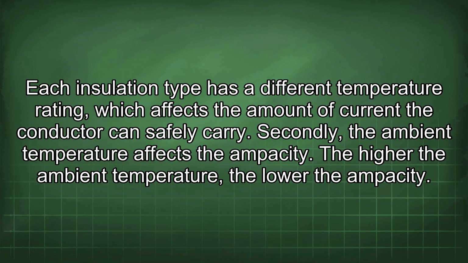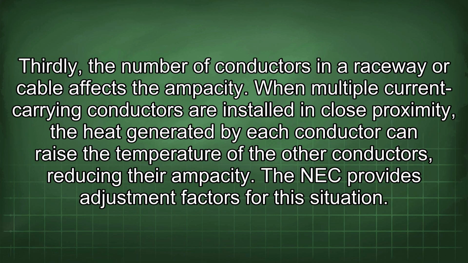The higher the ambient temperature, the lower the ampacity. Thirdly, the number of conductors in a raceway or cable affects the ampacity. When multiple current-carrying conductors are installed in close proximity, the heat generated by each conductor can raise the temperature of the other conductors, reducing their ampacity. The NEC provides adjustment factors for this situation.